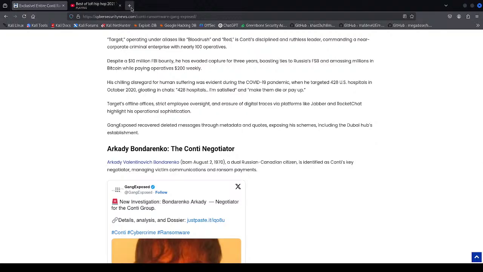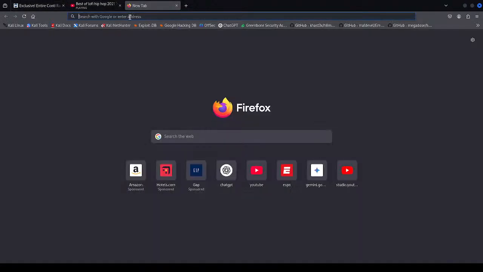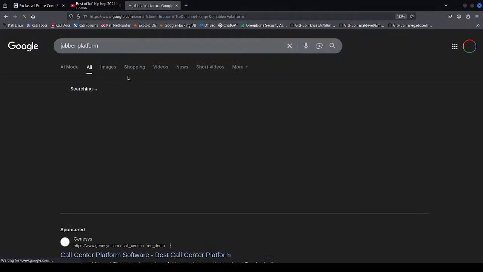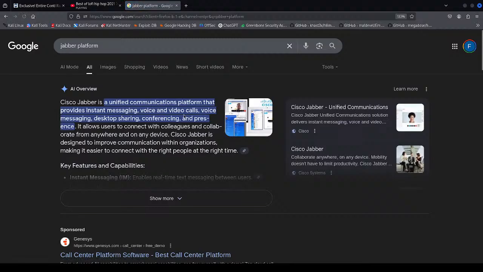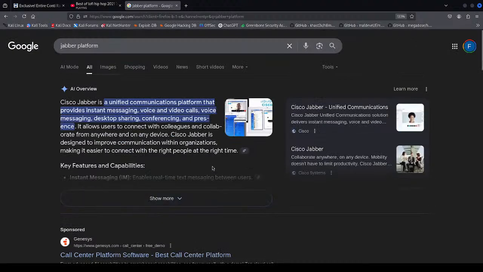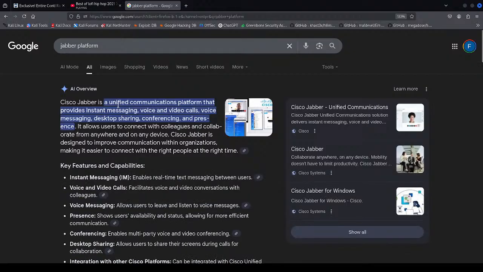Oh, I'm pretty sure he was sophisticated. So let's see what Jabber is. Alright, let's see. Doesn't sound too sophisticated. Cisco Jabber is a unified communication platform that provides instant messaging, voice and video calls, voice messaging, desktop sharing, conferencing, and presence.